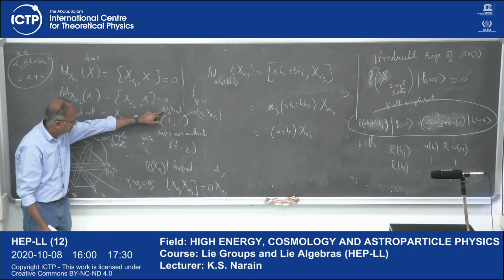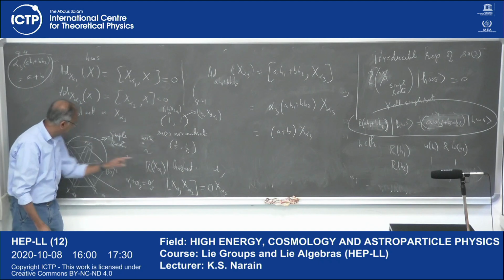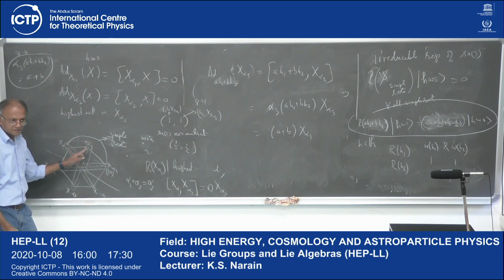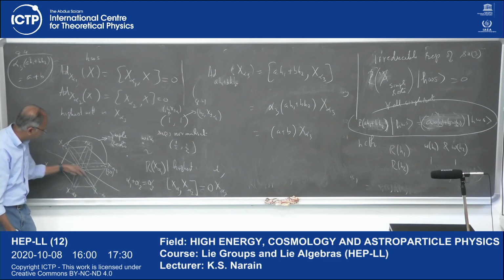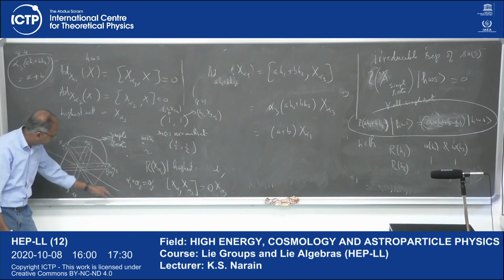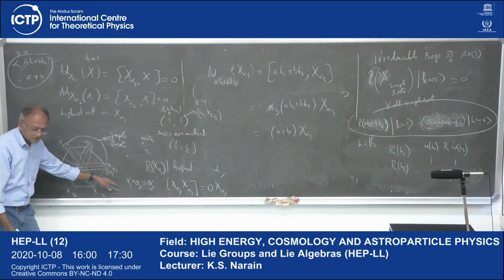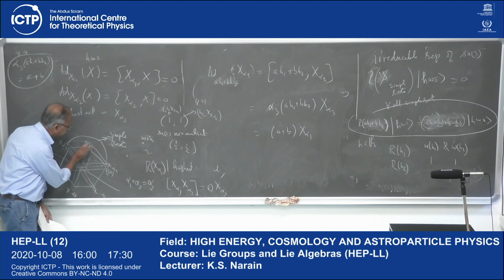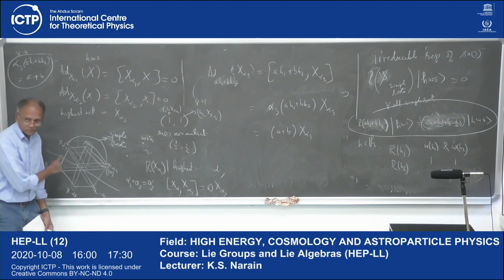So with respect to the first SU2, this half means it's a doublet. No? Spin half representation is a doublet. Now looking at this second SU2, together with H2, when you apply X alpha 2, it annihilates because it's the highest weight. When you apply X minus alpha 2, you get there, right? And if you further apply, it gives you 0. So this is again a doublet with respect to this SU2.